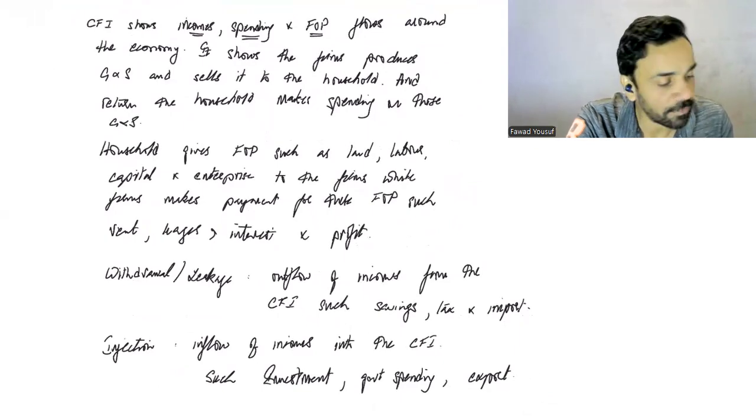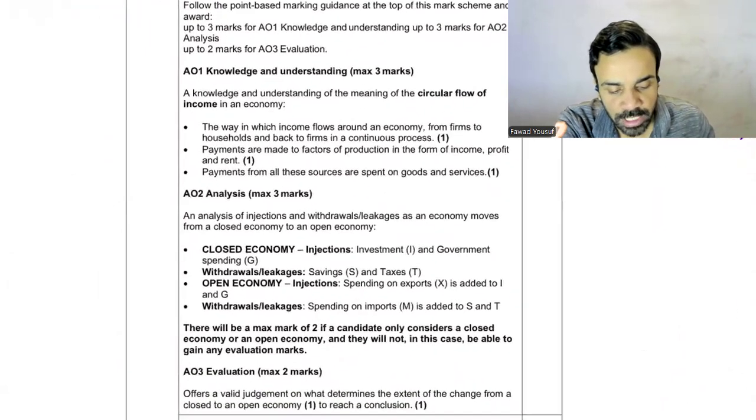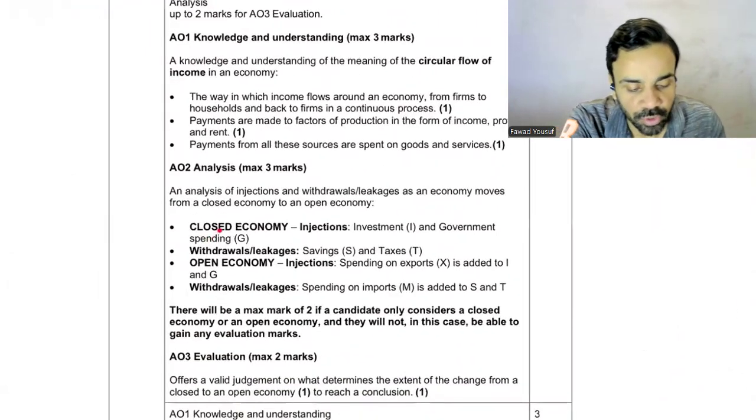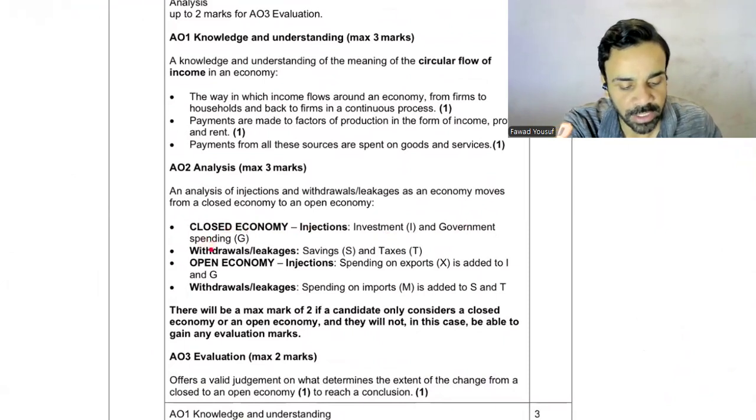Your mark will be there for it. ठीक है. उसके अलावा एनालिसिस के अंदर दे टॉकिंग अबाउट हाउ क्लोज्ड इकोनॉमी के अंदर इन्वेस्टमेंट और गवर्नमेंट स्पेंडिंग होती है.